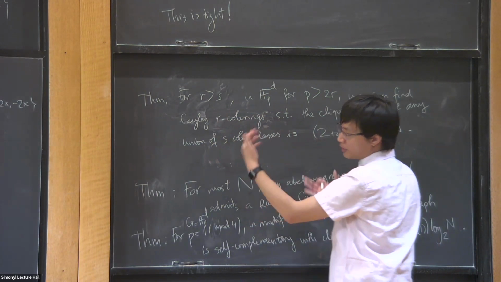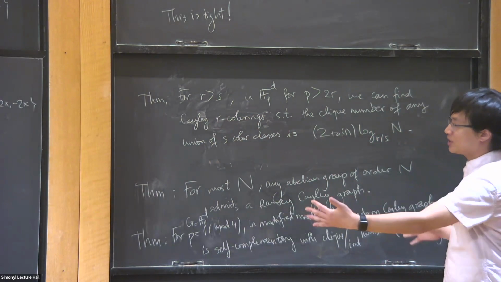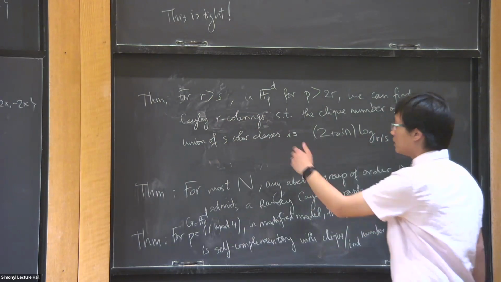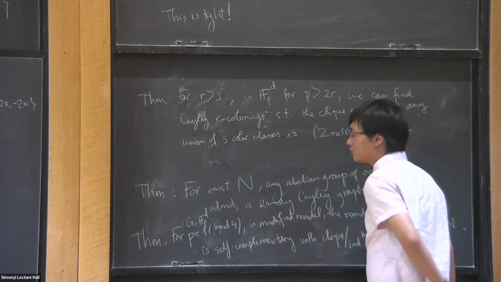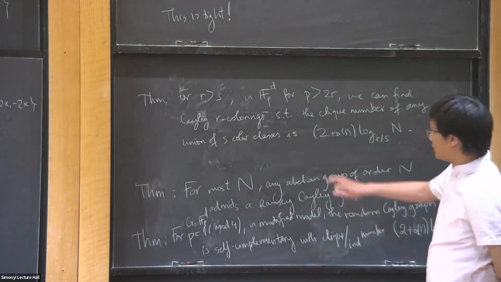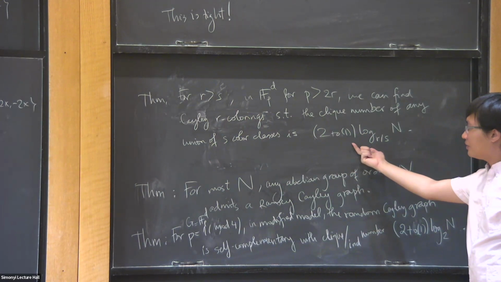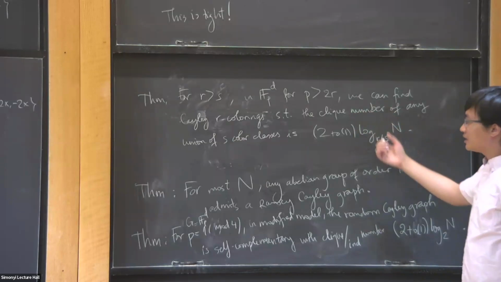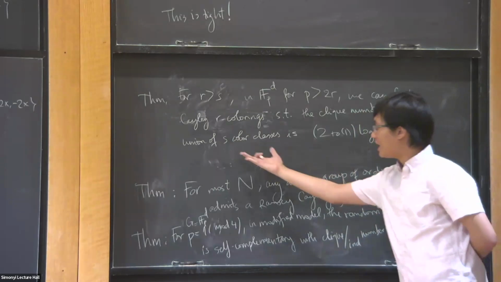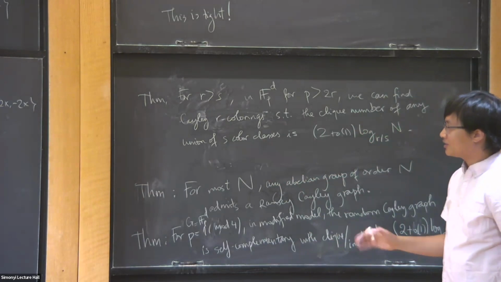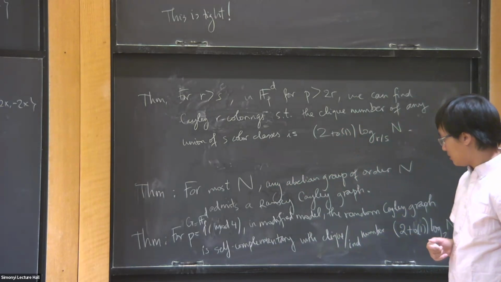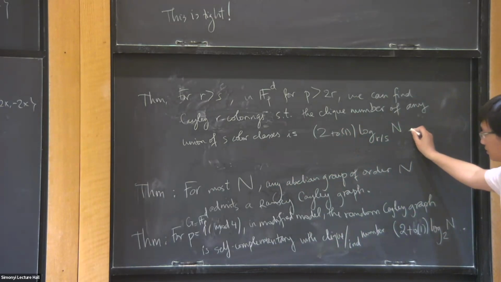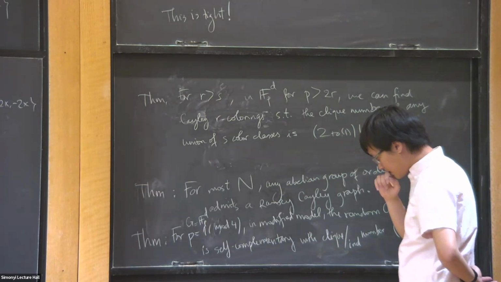And we consider the corresponding decomposition of the complete graph into the r color classes corresponding to each Cayley graph. And this shows that we can match the behavior of the random construction for this question on minimizing the clique number of the union of any number of color classes, as long as we don't use all of the colors. Okay, so now the last word before perhaps we take a 5-minute break.